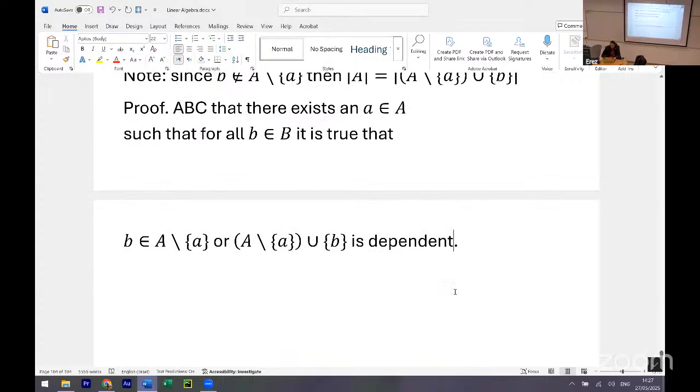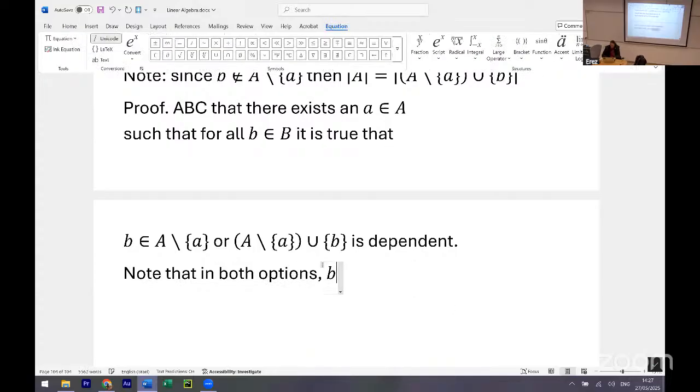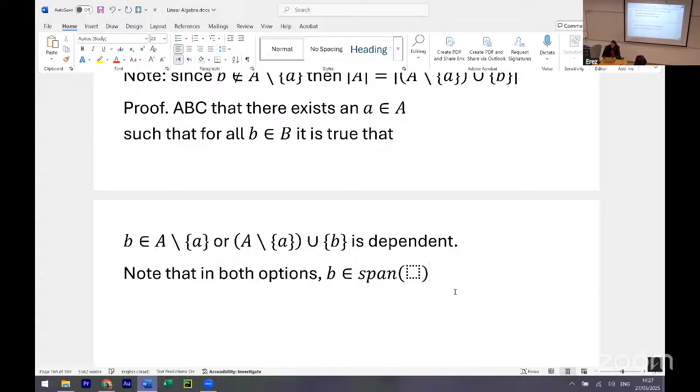In any case, note that in both options, B is within the span of A without A. Why? One way is that B is actually one of the vectors, and therefore it can obviously be created by this vector because it's there.